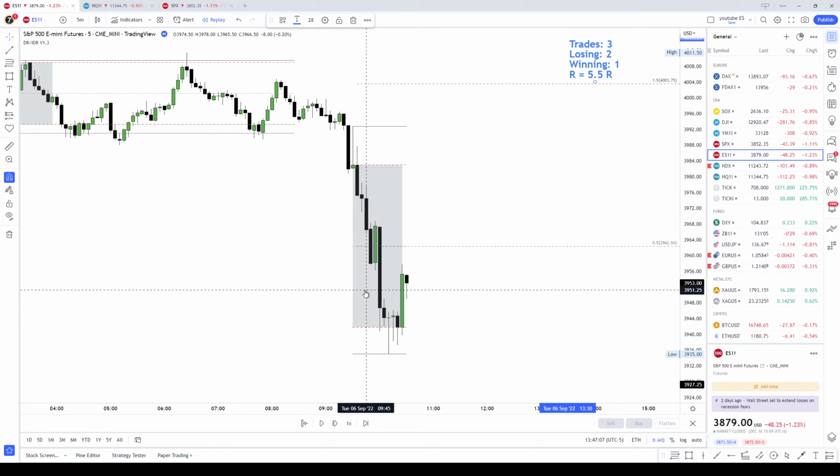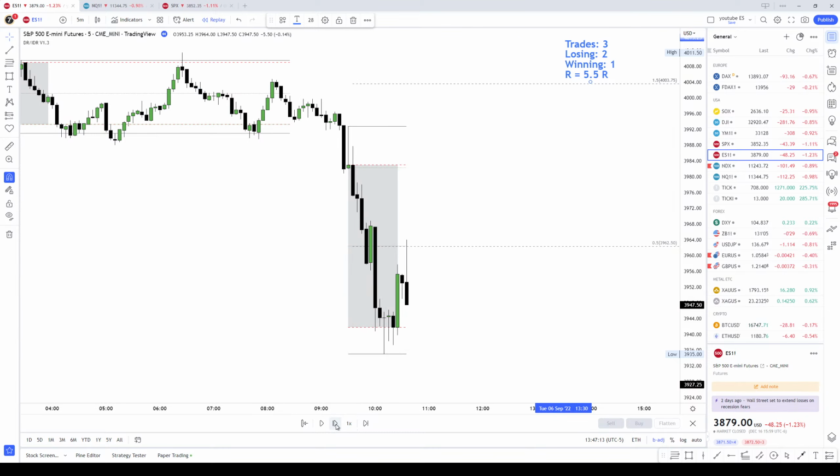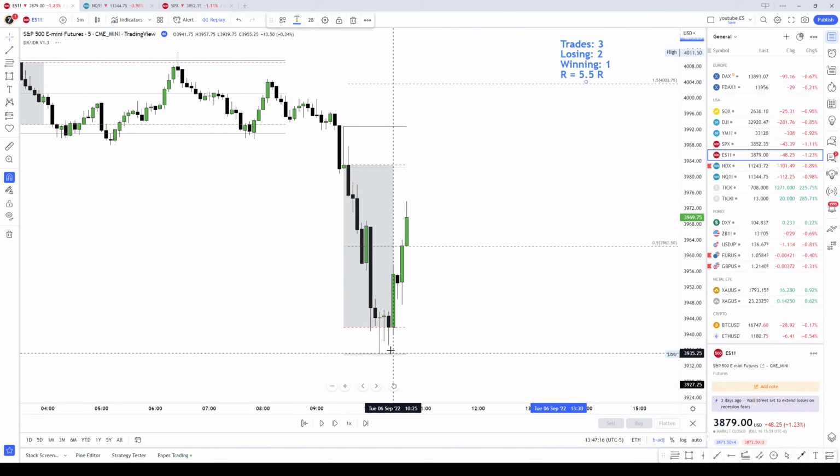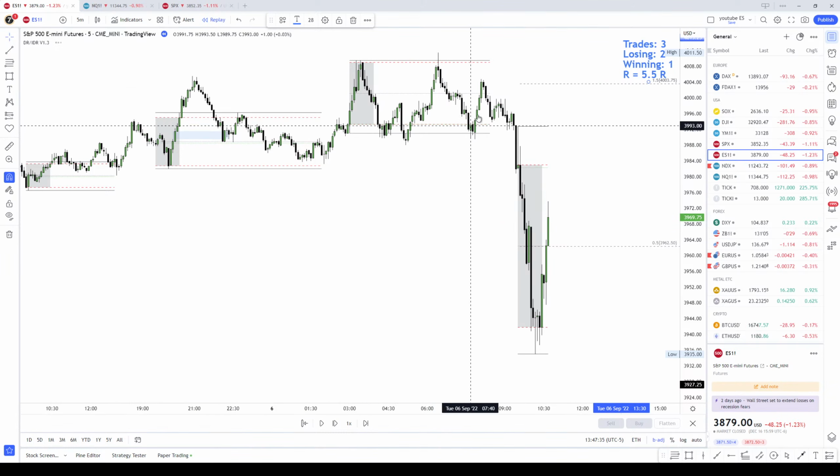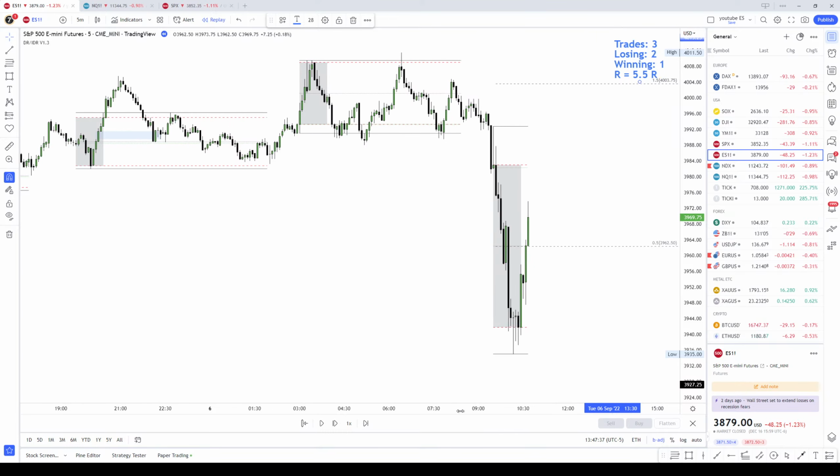From now on we don't have confirmation, we don't have any indication, so we're gonna see what's gonna happen. So price is going above the middle point, and now we could potentially look for a long, but RDR and ODR were kind of, this one was more accumulation and now we have the distribution.